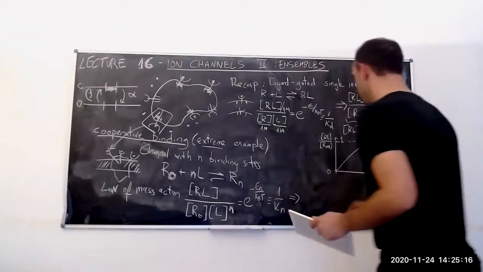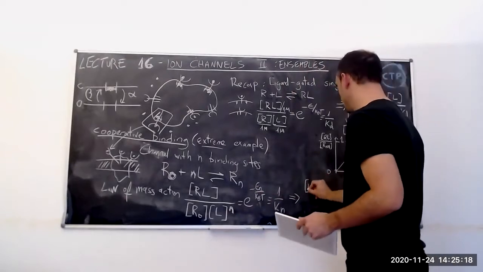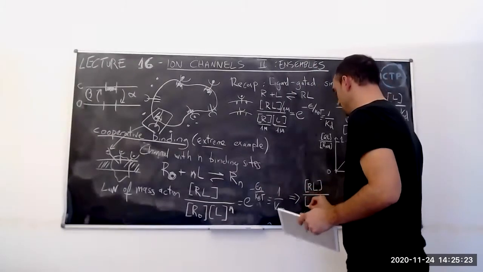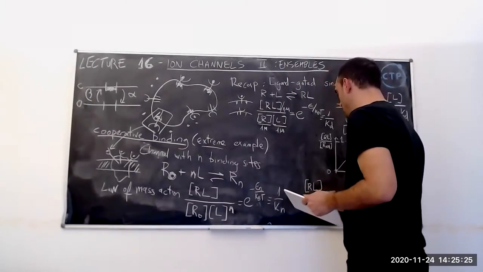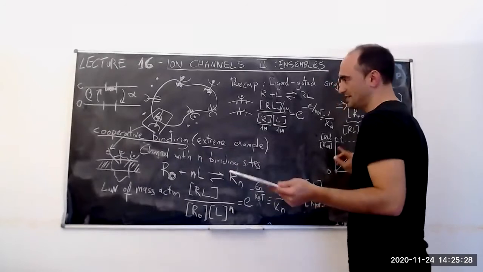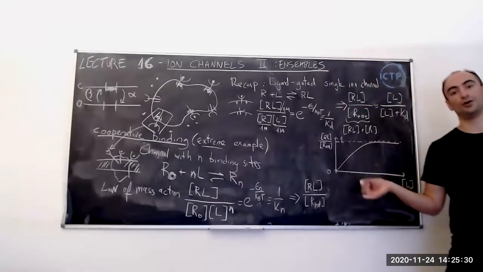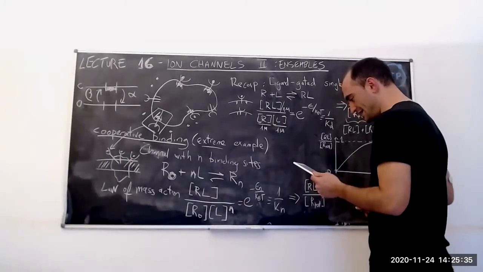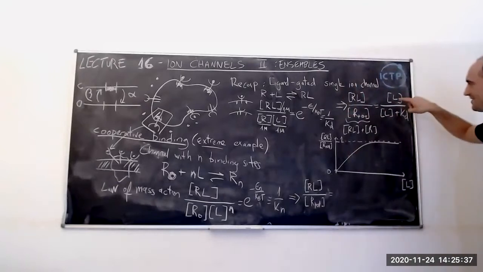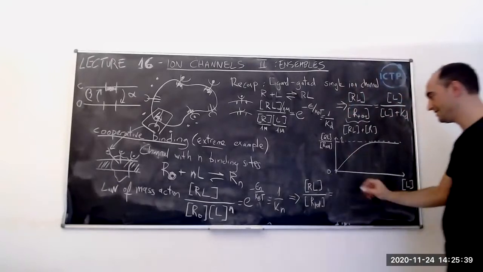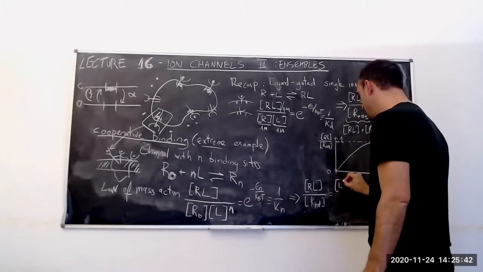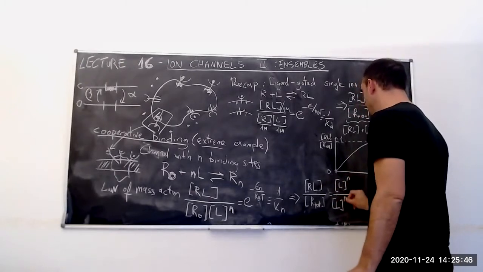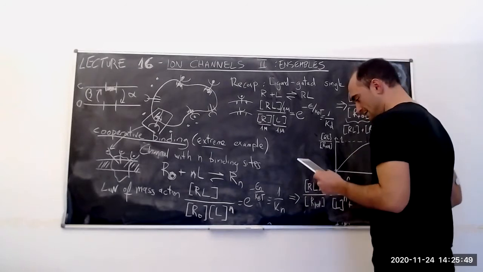So the equation that one gets is the following. RL divided by R total, fraction of occupied, or fraction of open channel, because now we say when all the receptors are bound, the channel opens. This is the same thing as here, but I change L by L to the power n: L to the power n divided by L to the power n plus Kn.